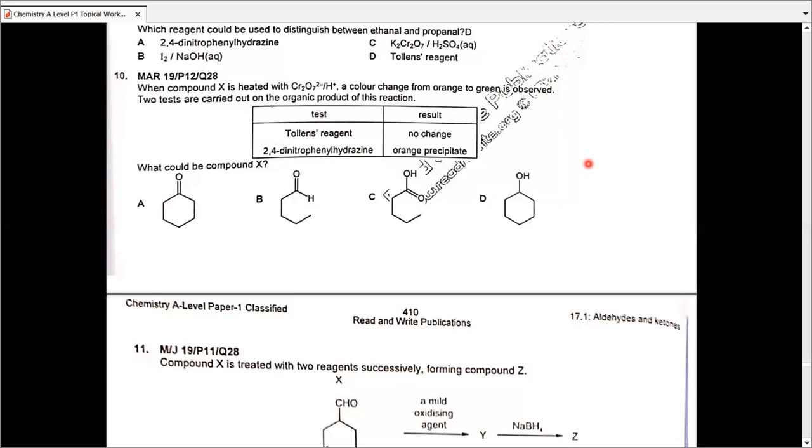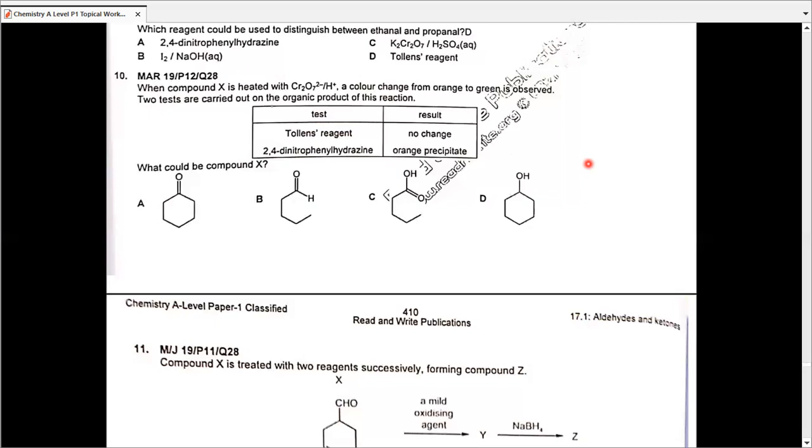Perfect. And why do you think delta is correct? It's a secondary alcohol, and secondary alcohols are oxidized to ketones. Yes, good. So with Tollens' reagent no change, and it will go to precipitate. Now, if you work your way back for this specific one, you start off with the test: it's not an aldehyde because Tollens' is negative.